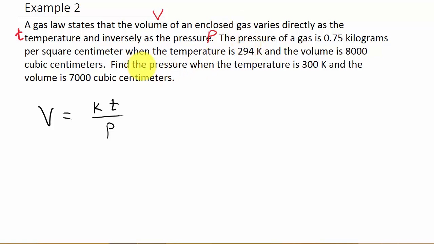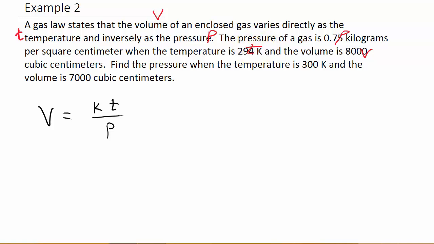It tells us that the pressure of a gas is 0.75 kilograms per square centimeter when the temperature is 294 Kelvin and the volume is 8,000 cubic centimeters. Alright, so let's start plugging these numbers in. We know this is V, here's P, the pressure, and here's the temperature, T.